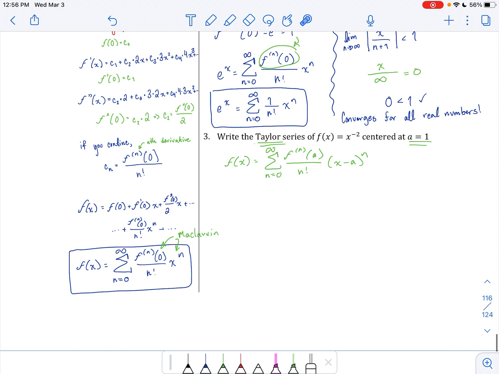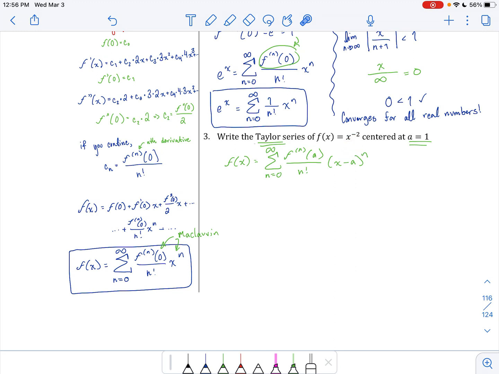Now let's practice with the Taylor series, because a Taylor series, remember, is just centered at something other than 0. That's the only difference. So write the Taylor series for f of x equals x to the negative 2 centered at 1. This is why you don't want to center it at 0, because if we plugged in 0 to this function, it's at an asymptote.